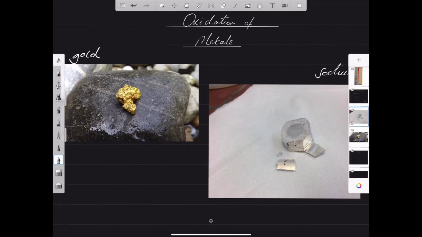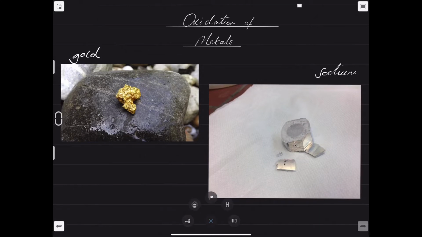Oxidation has taken place here, where it's reacted with oxygen and you've got sodium oxide. You can see it is different from when it's freshly cut. Here, sodium has yet to react with oxygen, and you can see there is a difference.